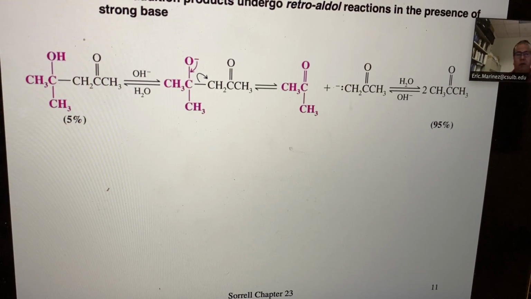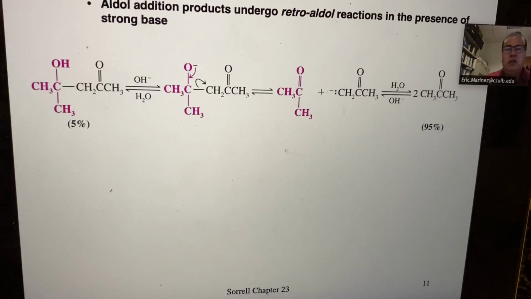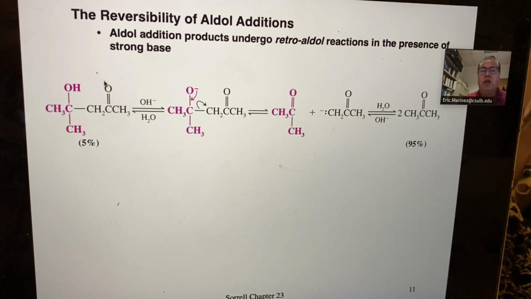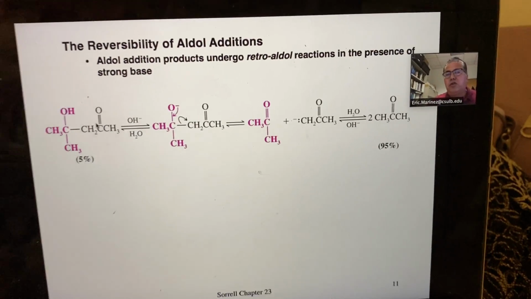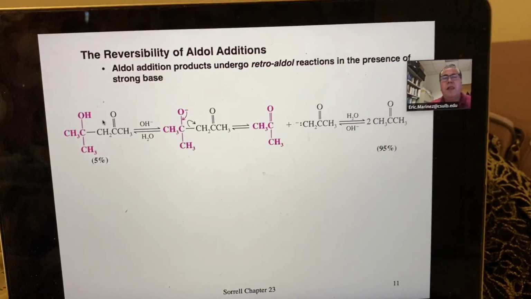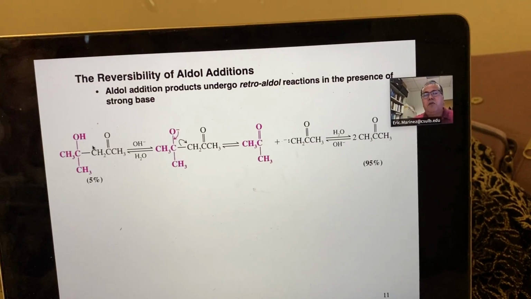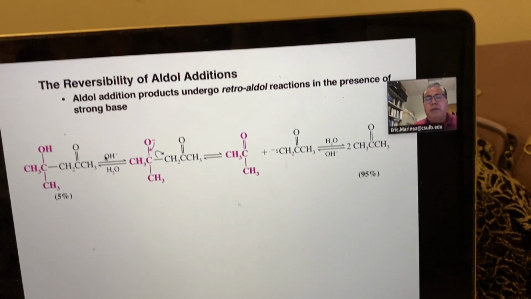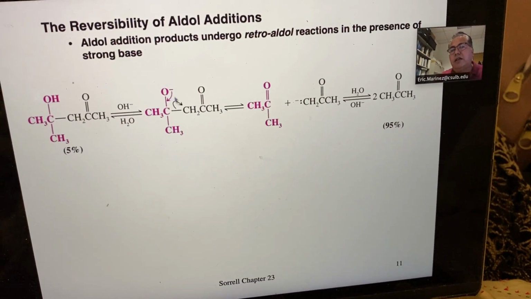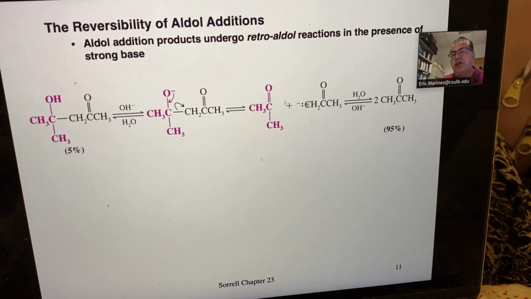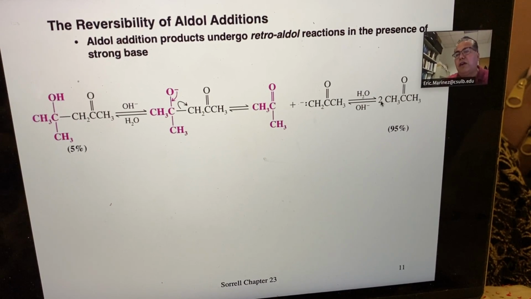One other thing I just want to mention to you, particularly with ketones, the reason ketones don't work is once this is formed, this can do what's called a reversible aldol reaction. In that, once this is formed, I'm going to lose this proton here to generate this alkoxide, and this alkoxide will regenerate this ketone and enolate, and then finally I get this.